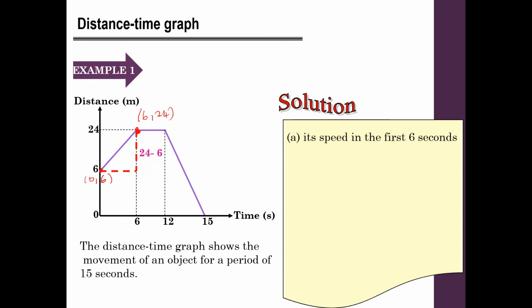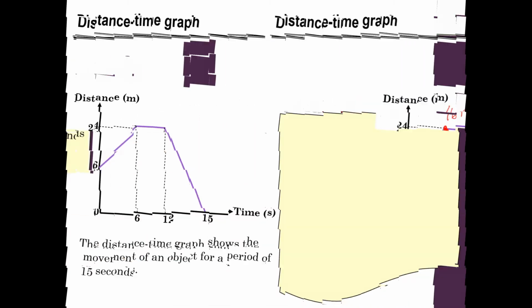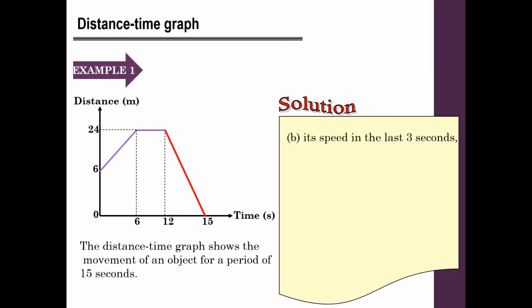Therefore, the gradient will be 24 minus 6 over 6 minus 0, in which we will have 24 minus 6 is 18 over 6, which is 2. Now, the speed in the last 3 seconds is the red line here.